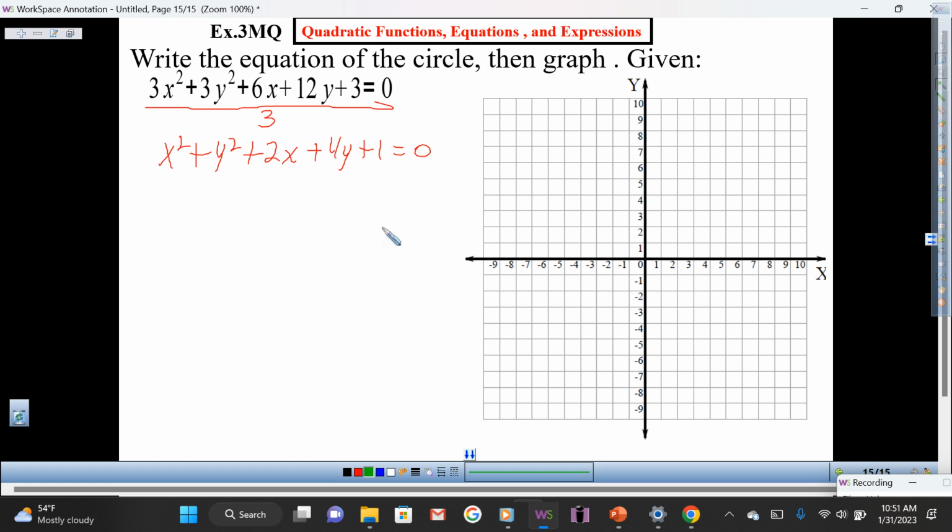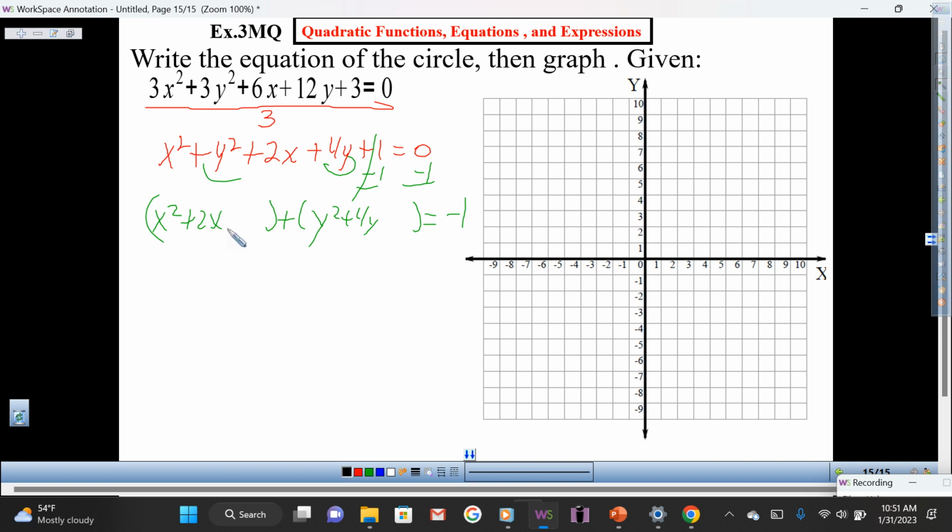Samuel, what do I do? Yeah, minus 1, very good. We end up with x squared plus 2x, empty space, plus y squared plus 4y, empty space, equals negative 1. We need to complete the square.